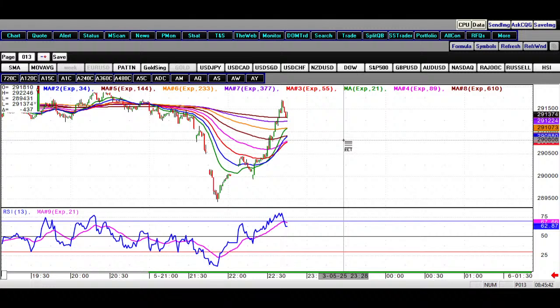Okay, let me put in the order. Buy at 11. Stop loss has to be put at 6 or 7. So put it as 6. Then the TP.